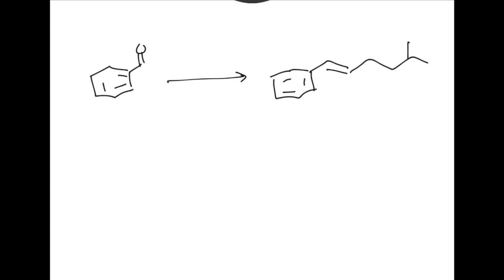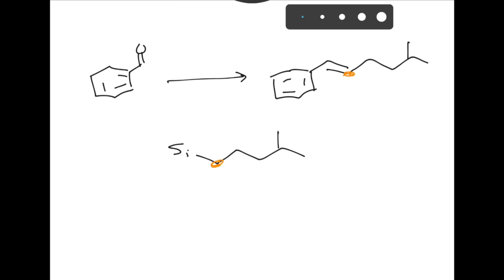Right, a Peterson olefination, we need a silicon with 1, 2, 3, 4, 5. So this carbon right here is the carbon on the silicon. Usually they have some big group on the silicon. Usually they use isopropyl.